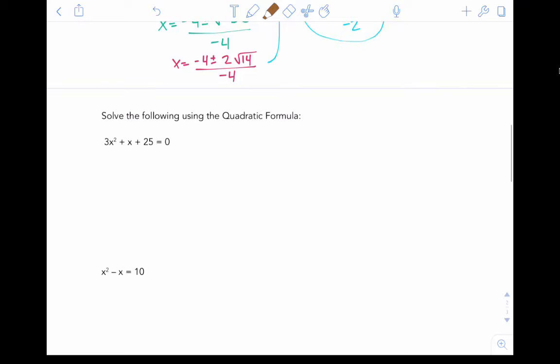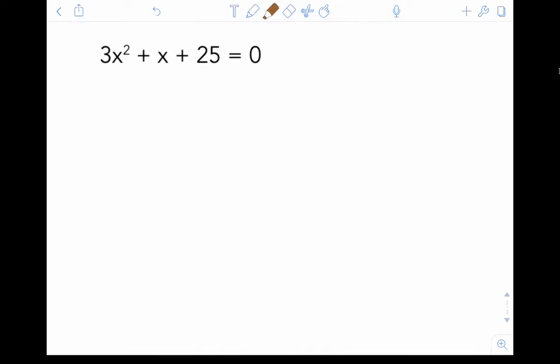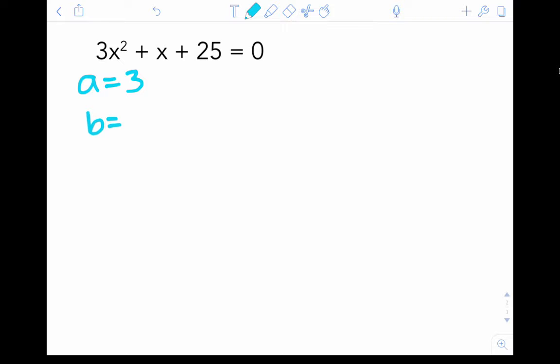All right, we have just a couple more of these to work through. So this one I have 3x squared plus x plus 25. So my first step, I'm going to say my a is 3, my b is 1, and my c is 25. And now I'm going to write out my quadratic formula. So x equals negative b plus or minus the square root b squared minus 4ac all over 2a.